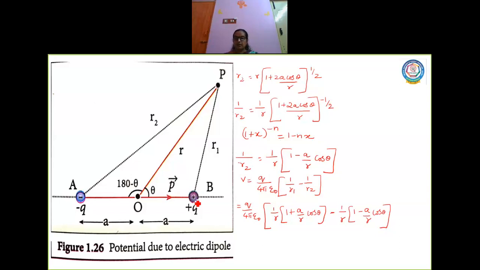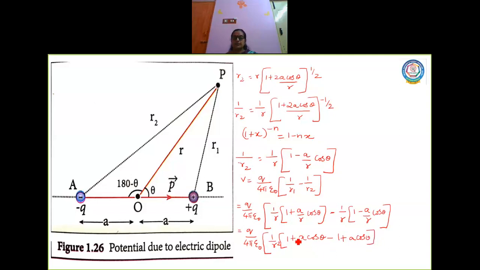Okay. Now again simplification, Q by 4 pi epsilon naught, I will take 1 by r, and here also a by r is there. So when I take that r outside, I will have r square, right? Let me write it as r square here. So it is 1 plus a cos theta minus 1 plus a cos theta.